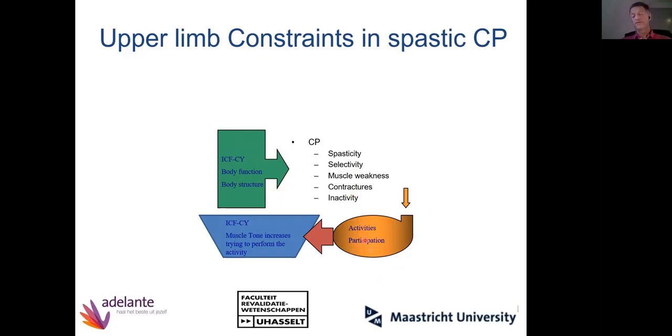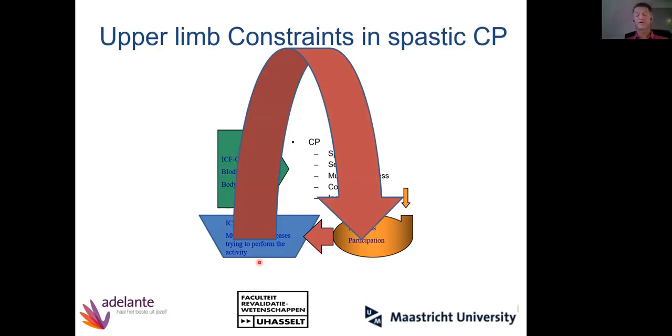But while performing these activities, something is happening. Because to be active, you need to have muscle tone. And if you already have a lot of muscle tone, while performing those activities your muscle tone needs to increase to be active. That's a kind of vicious circle, because if the tone increases, then the spasticity will be more prominent, and then the activities will diminish.